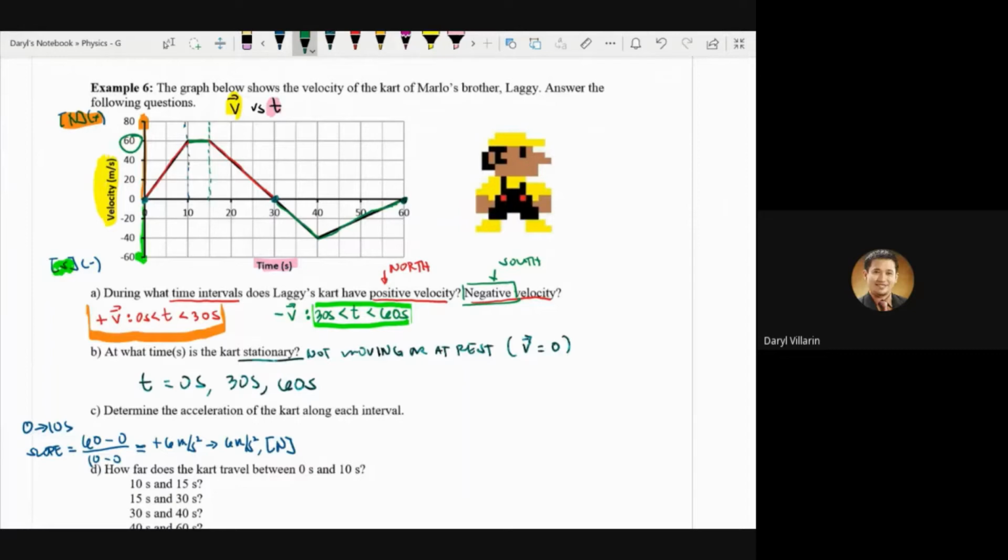So therefore, from 10 to 15 seconds, a is equal to 0. Again, if you can see, delta V is equal to 0. If there's no change in velocity, that means acceleration is automatically 0. Okay.